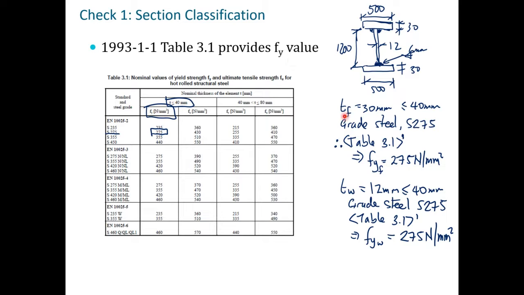We know that if the thickness of the plate is less than or equal to 40 millimeters, and we have grade S275 steel, then from table 3.1, thickness less than 40 millimeters, S275 steel, fy is 275 newtons per millimeter squared. And our cross section, our flanges are 30 millimeters, our web is 20 millimeters. So therefore, the flange has a yield strength of 275 newtons per millimeter squared, and the web is 275 newtons per millimeter squared. Okay, so that's the material strength of the webs and the flanges.